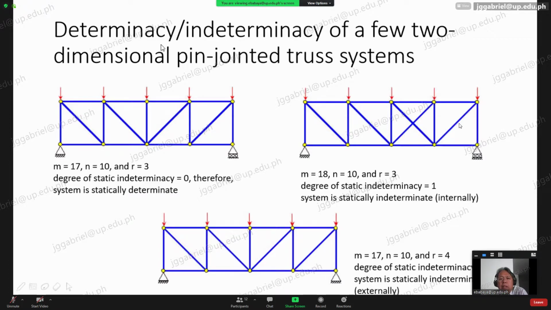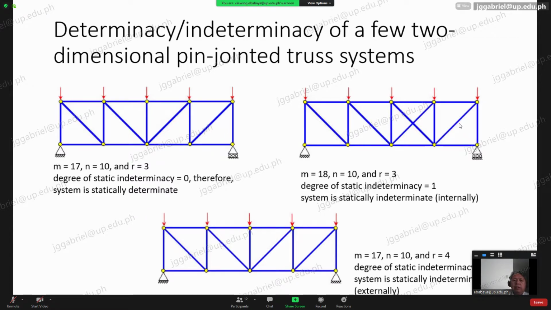Now, it says here determinacy, indeterminacy of a few two-dimensional pin-jointed truss systems. So this is, take note, two-dimensional tayo. Okay, m is 17. Bibilangin lang yung mga members. 1, 2, 3, 4, 5, 6, 7, 8, 9, 10, 11, 12, 13, 14, 15, 16, 17.